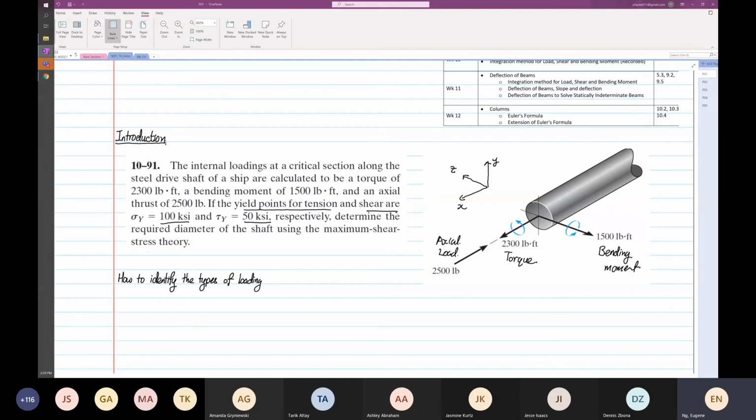What do I mean by that? What do we call an axial load? What is due to shear force? What is due to a torque? And what is due to a bending moment?